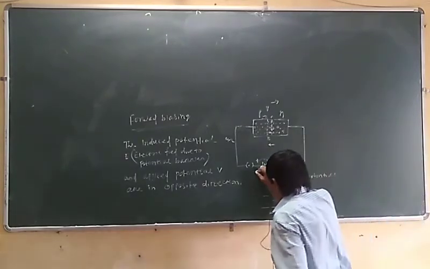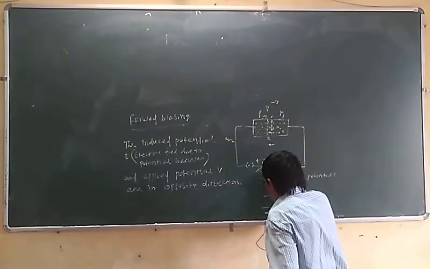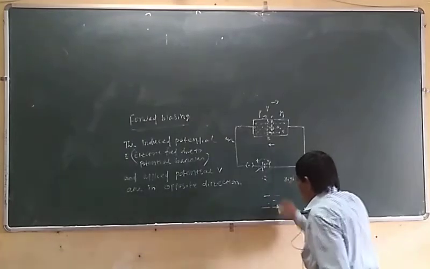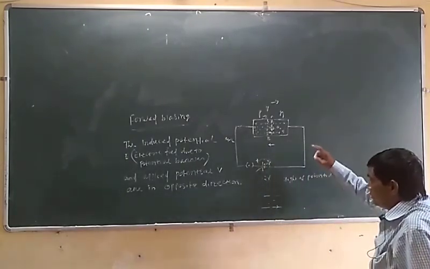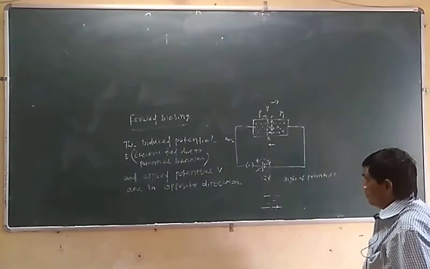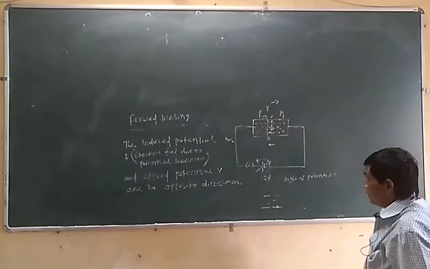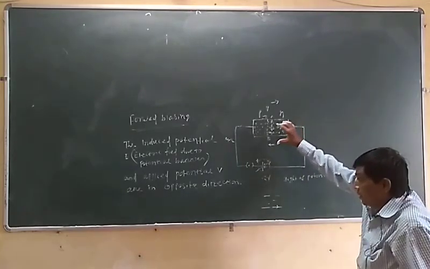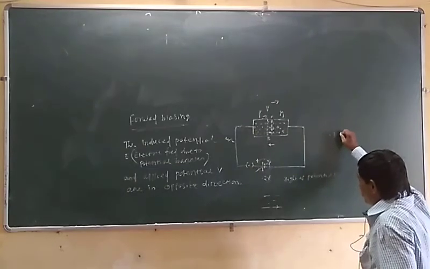When we apply 0.2 volt, the resultant voltage is the sum of the applied potential and the barrier potential, which initially we discussed for a silicon semiconductor is 0.7 volt.